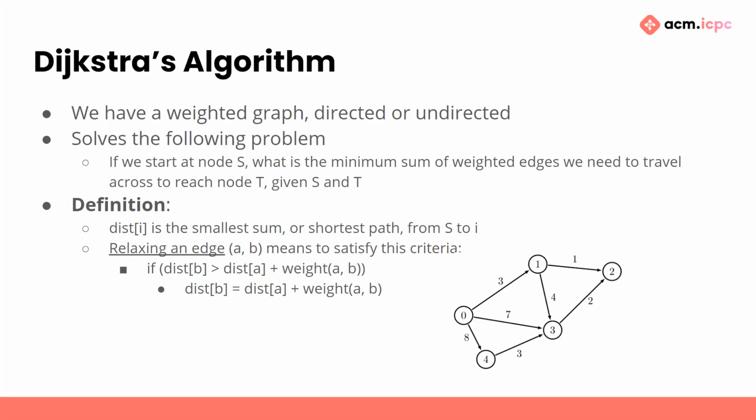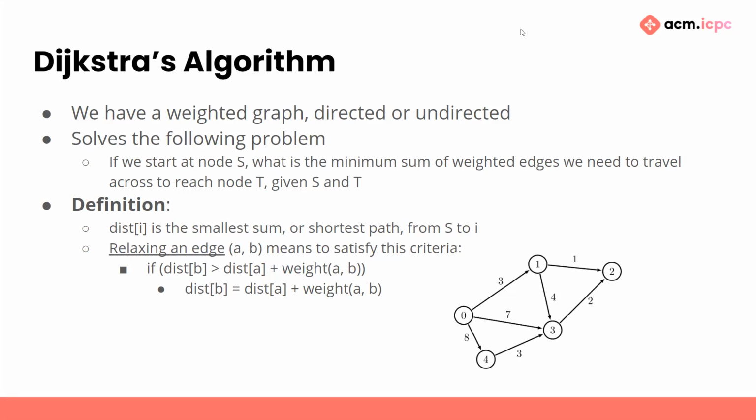This algorithm solves the following problem. Assume we're given a start and end node, and we want to find the shortest path between these two nodes. By shortest path, I mean the minimum sum of weighted edges along the path we travel from the start to the end.